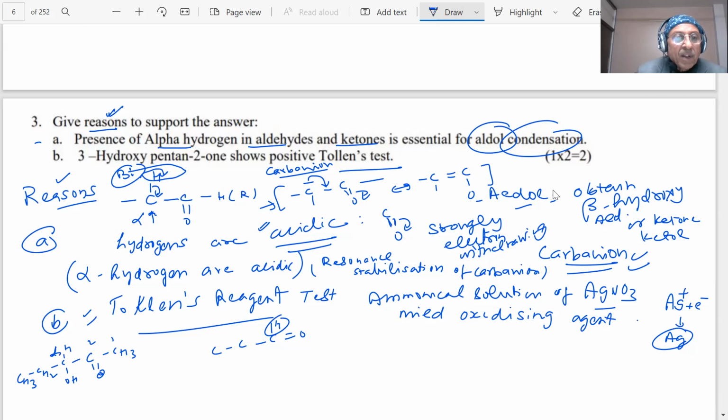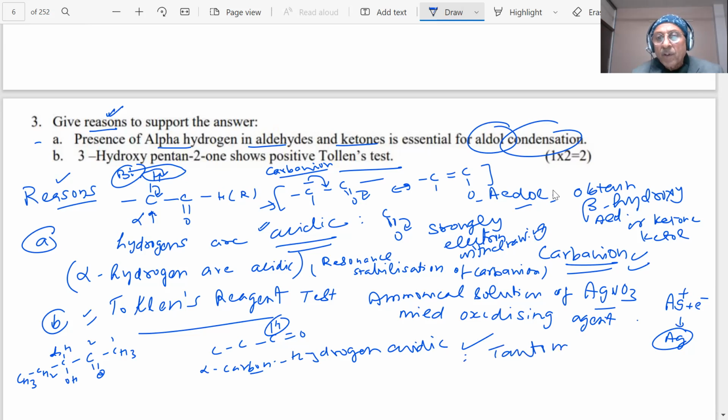The alpha hydrogen attached to this alpha carbon is acidic. And the mild oxidizing agent oxidizes this to an aldehyde, by the process called tautomerism.